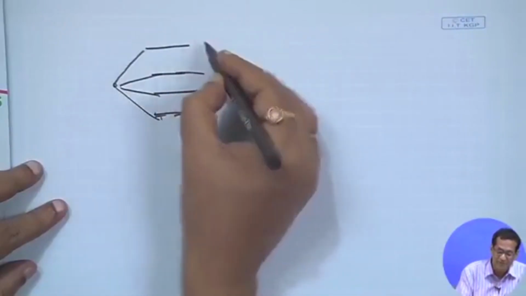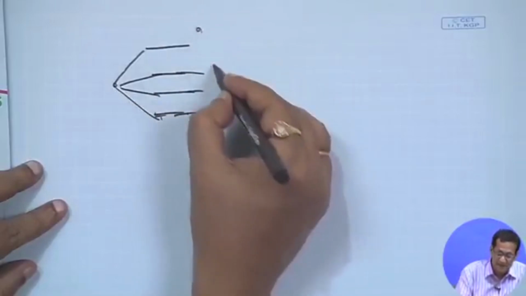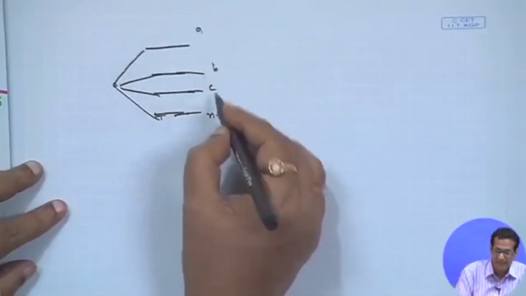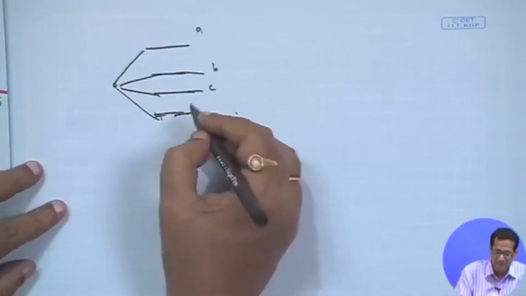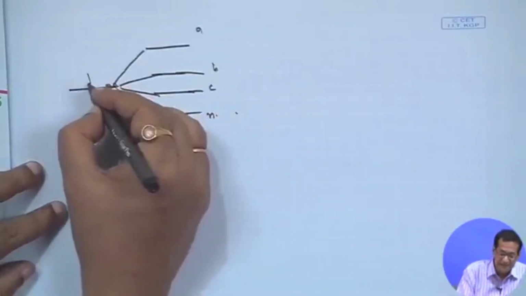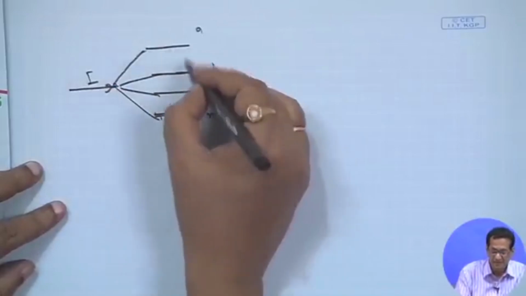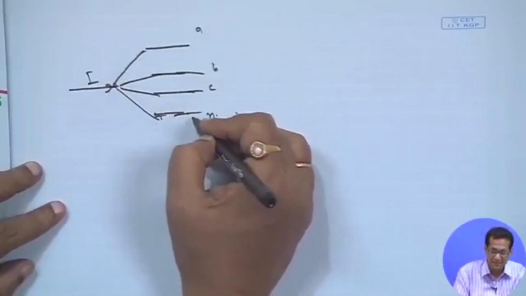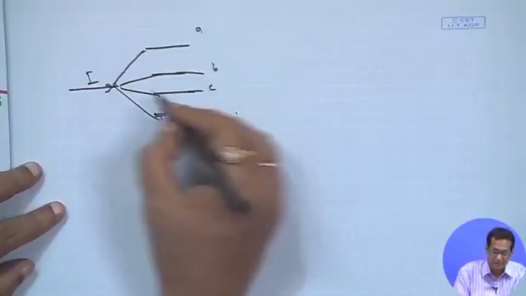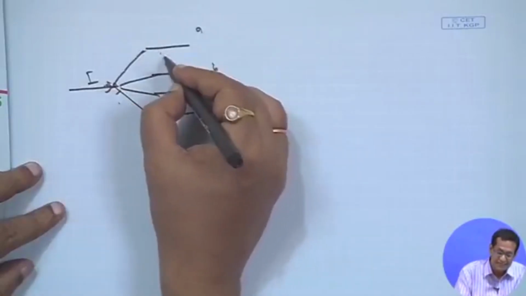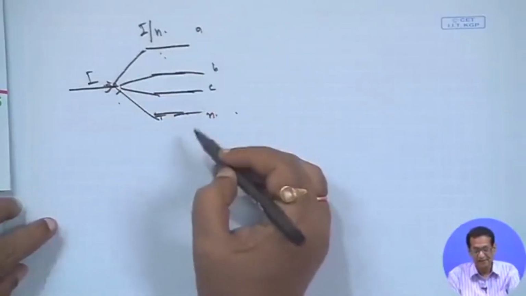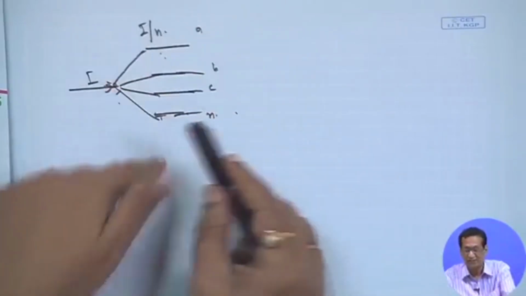Just for the sake of understanding, suppose you have four conductors A, B, C, N, and this is the current I. All the conductors have radius r_x. So, the total current is I. Each conductor will carry current I by N, because they are all in parallel and we assume they are similar conductors.